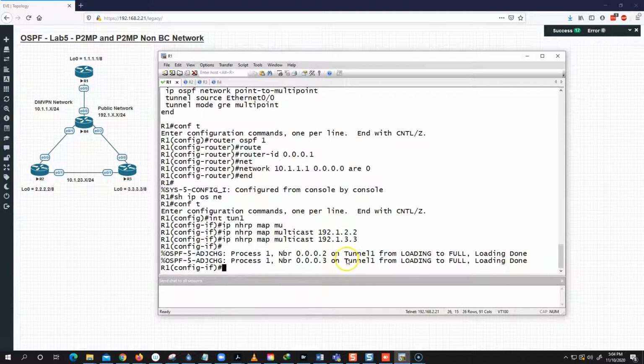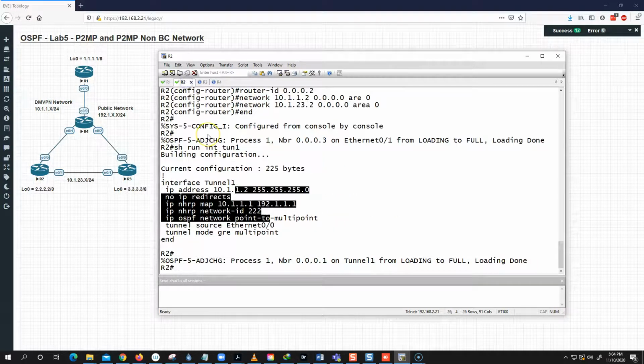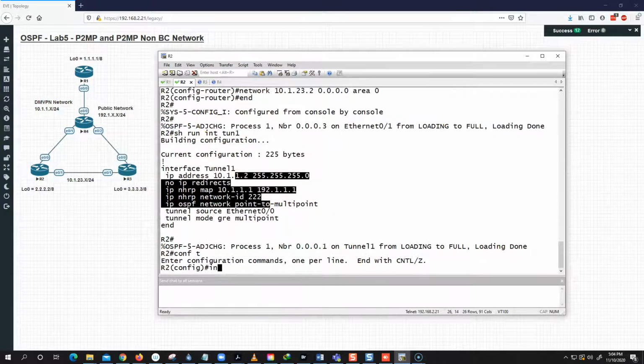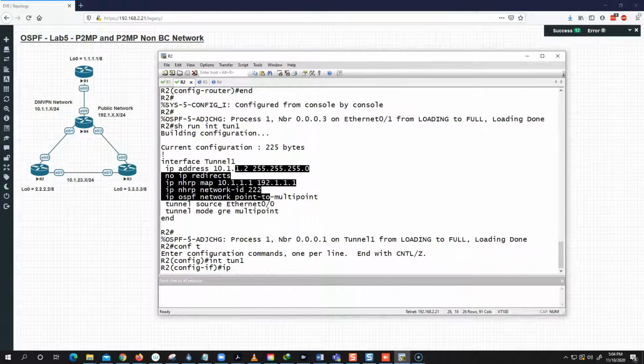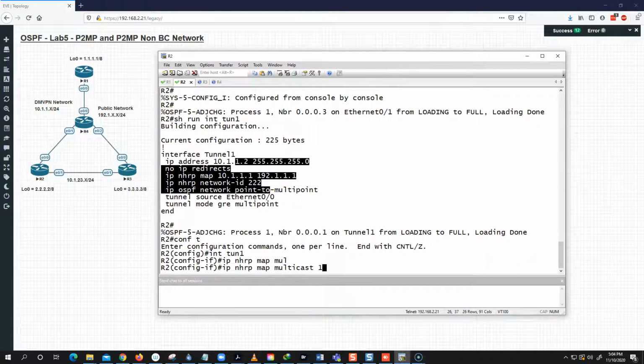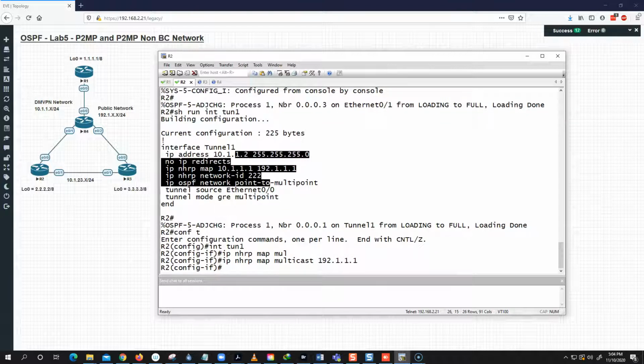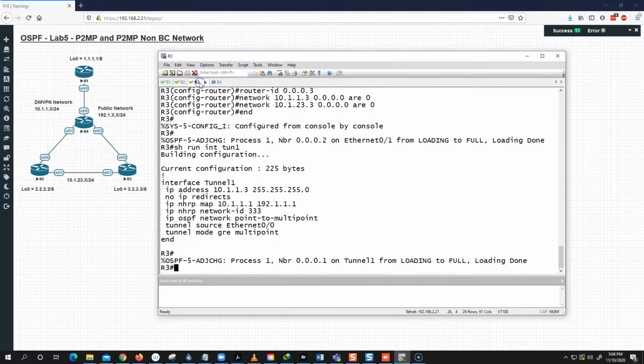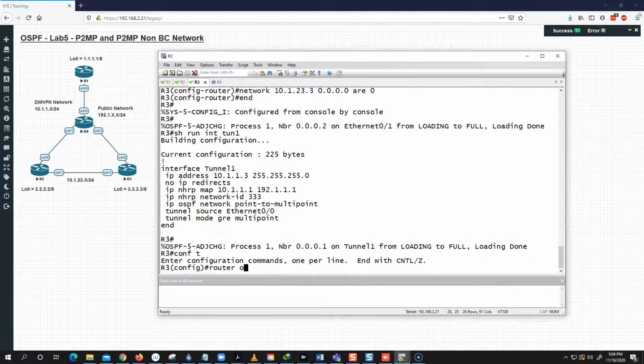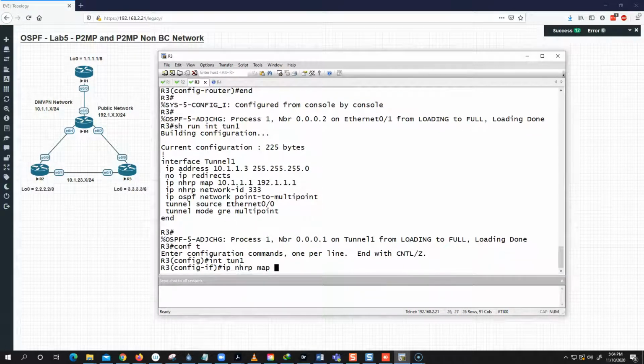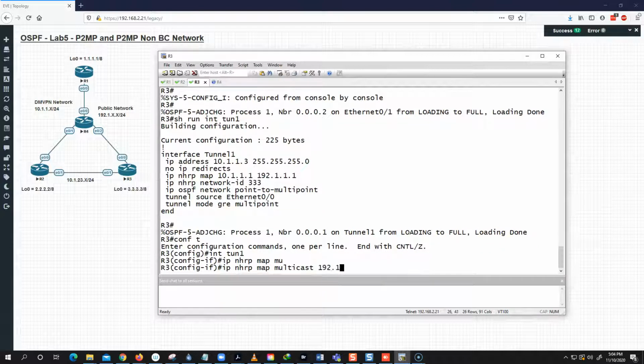Now you can see that the tunnel is coming up, but we have to do this on both ends. So I will do NHRP map multicast for 192.1.1.1, and I will do the same on router 3: interface tunnel 1, ip nhrp map multicast 1.